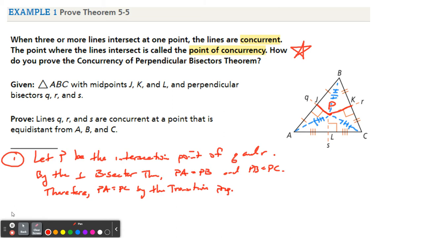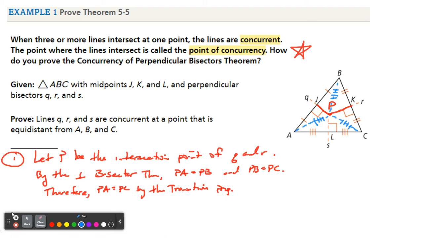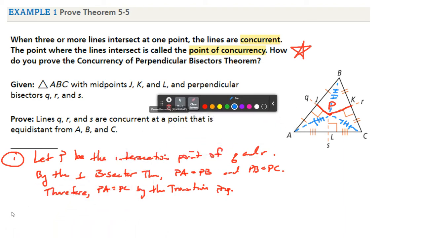Now, how do we show that they're concurrent? Step 2: by the converse to the perpendicular bisector theorem.